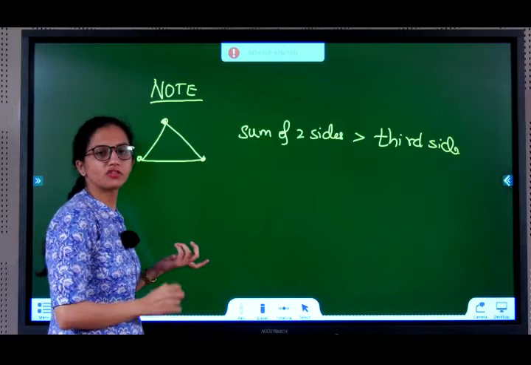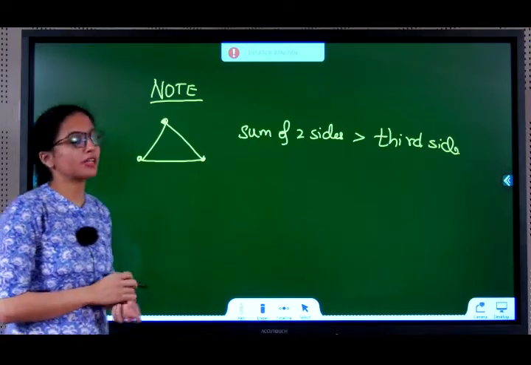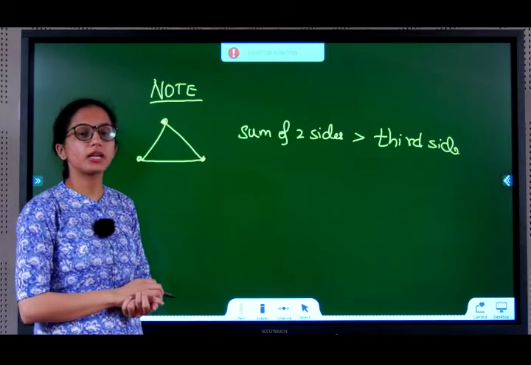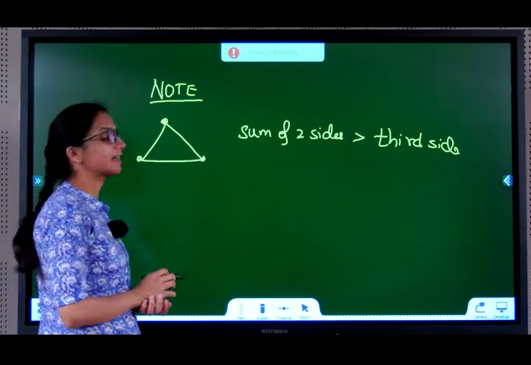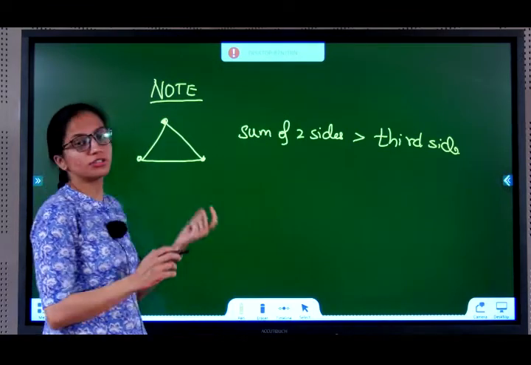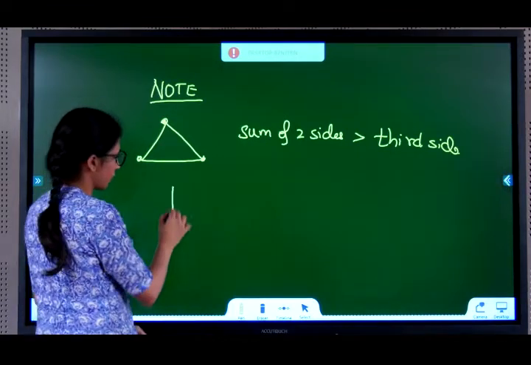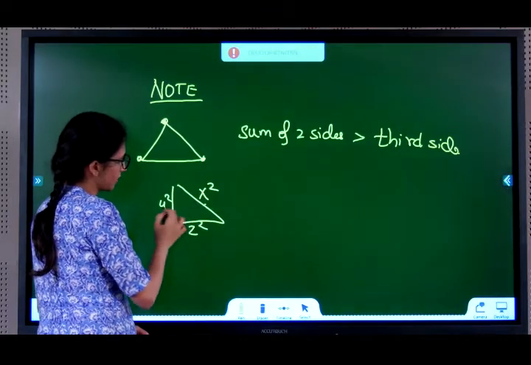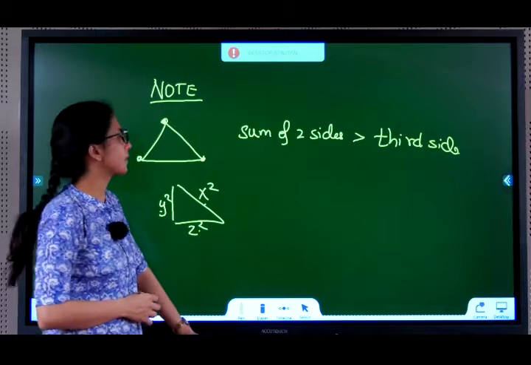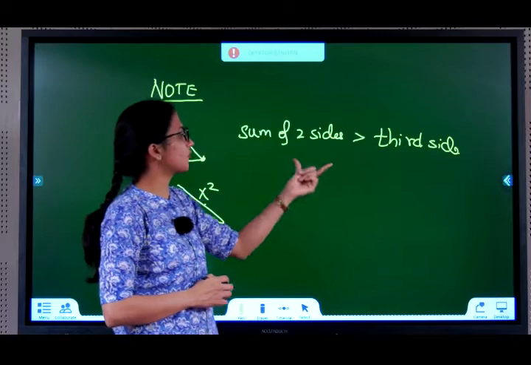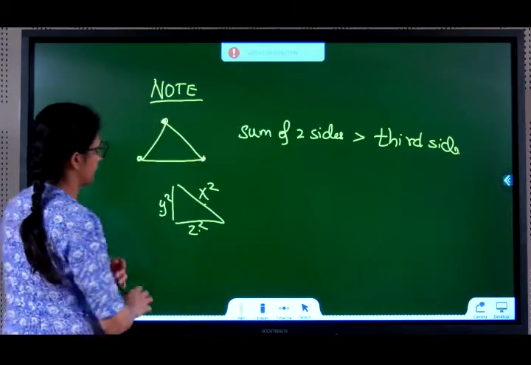What kind of triangle does it form? That you already know. If it's an equilateral triangle, you will find that all the sides are equal. If it's an isosceles triangle, then two sides are equal. And if it's a right angle triangle, the sum of the squares of the two sides is equal to the square of the third side. That is nothing but what we just did. If this is x square and this is y and z, so x square is equal to y square plus z square. So, condition to check that if a triangle can be formed is sum of two sides greater than or equal to third side.